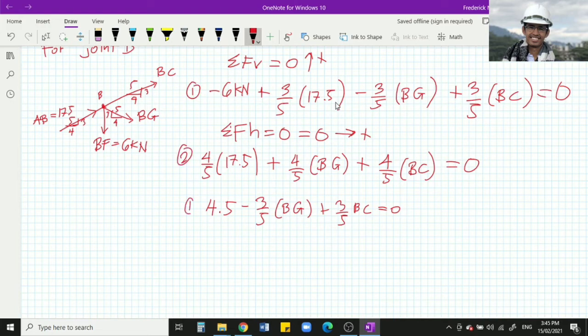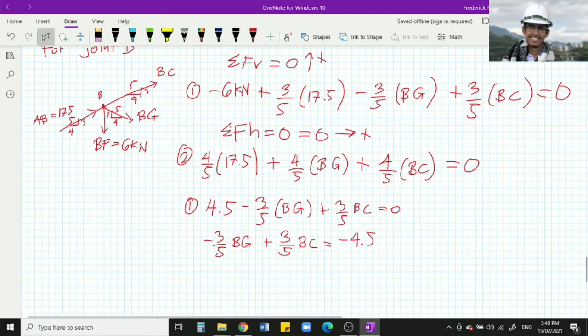So itong equation 1 natin, ilipat natin sa kabila so that magiging negative 3 over 5 BG plus 3 over 5 BC. Transpose natin, that will be equal to negative 4.5. Okay? Para parehas na siya dun sa format ng ating calculator.